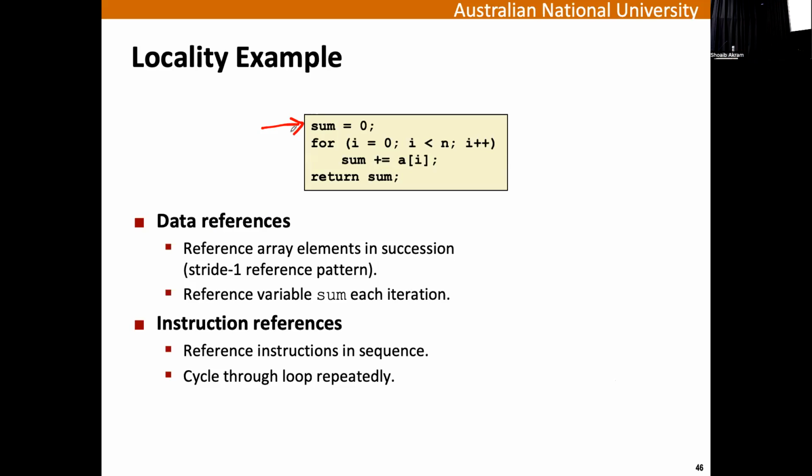In time, we access sum again and again in a for loop, right? Does sum have spatial locality? Actually, we don't even know what is next to sum in memory. We know nothing about it. Sum is just one variable. We're just accessing sum.